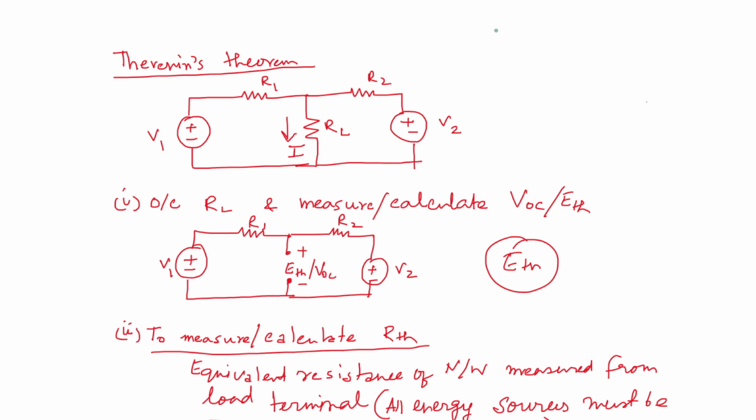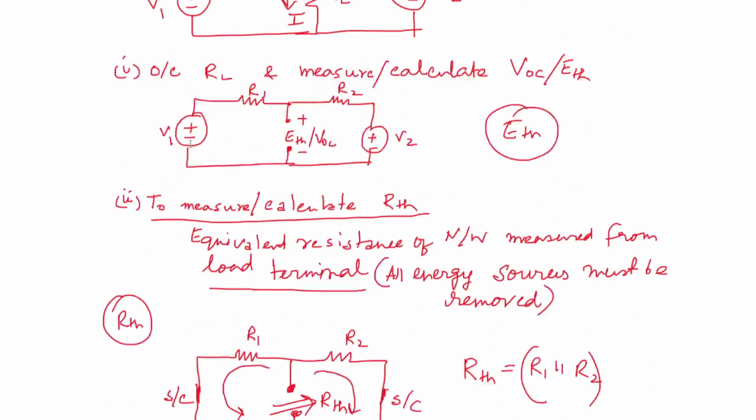Now in case of Norton's theorem we try to understand what the different steps are. Let us say we have the same example, same network, and we want to calculate the current flowing through RL. So the first step for Thevenin's theorem is to open circuit RL and to measure or calculate V Thevenin.